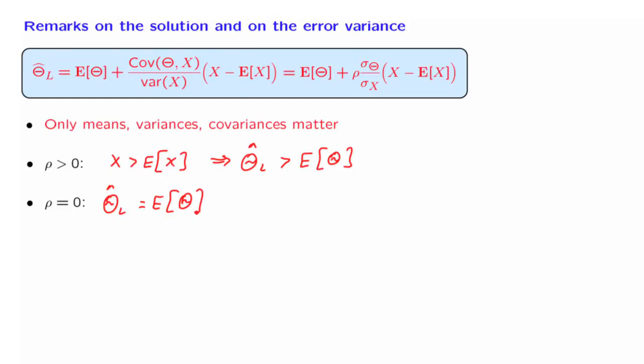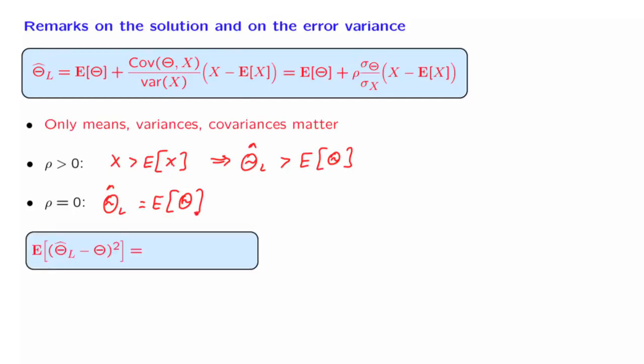Let us now look at the mean squared error that's obtained when we implement this linear estimator. Let us write down what this expression is. And to keep things simple, let us assume that we have zero means. So just for the purposes of this derivation and to simplify the algebra, we will work with the zero mean case.